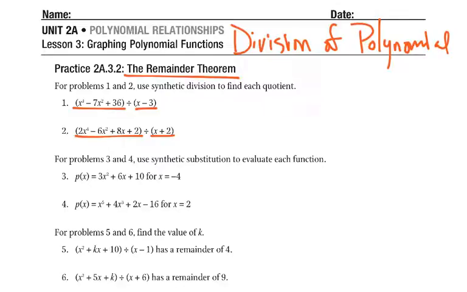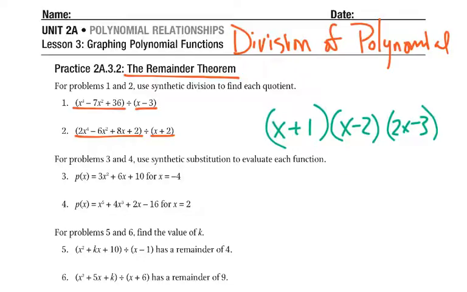And remember, when we mean a factor, we mean like x minus 2, 2x minus 3, and it could be more, like x plus 1, depending on the degree.